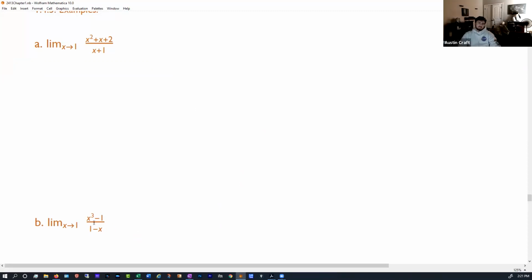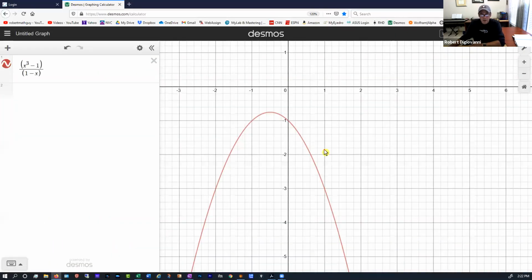And when we tried direct substitution, we got 0 over 0. So that basically means we don't know. But now if I look at this, let's go to Dilpreet. From looking at this graph, we are approaching 1. Can you tell me just by looking at this what the limit is?